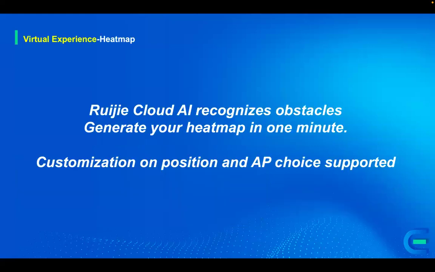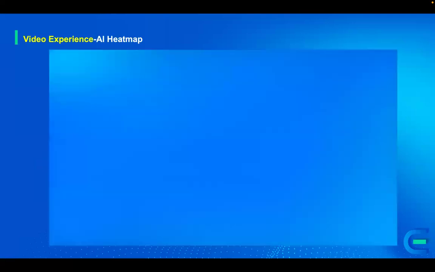We have an AI heat map that will automatically recognize the obstacles and walls and generate the virtual walls on the heat map. So you can see how we can generate it, how we can implement it, and position the access point here.